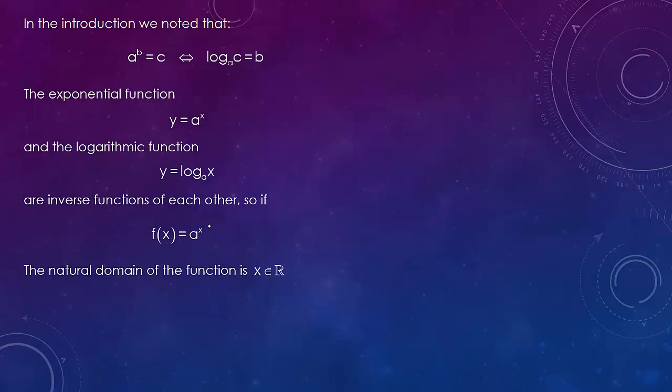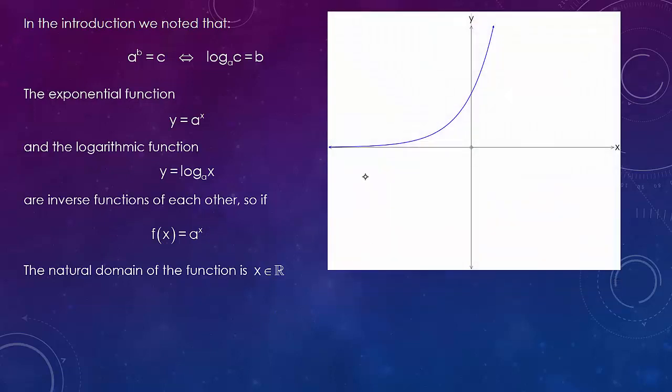We have no problem with any input value into a to the x. So any x value can go into the a to the x function, which would have this shape here. This is drawn for a greater than 1.